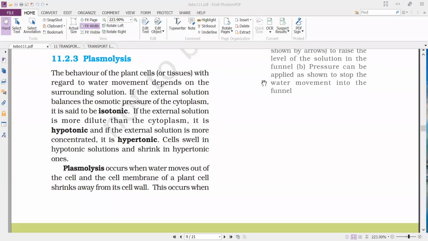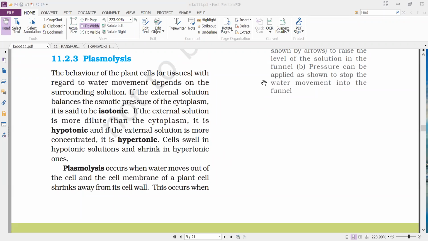And next, if the concentration of the external solution is low when compared to the cytoplasm of the cell, then we say that the cell is hypotonic to the external solution.